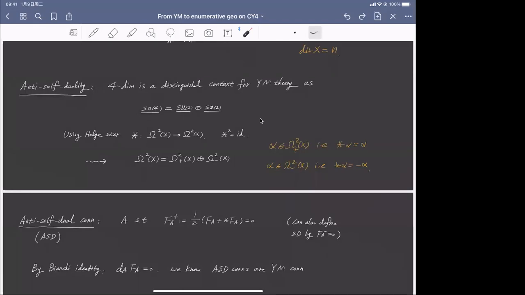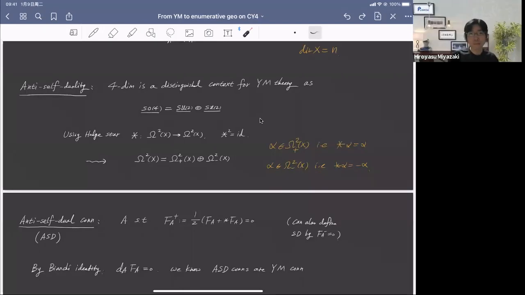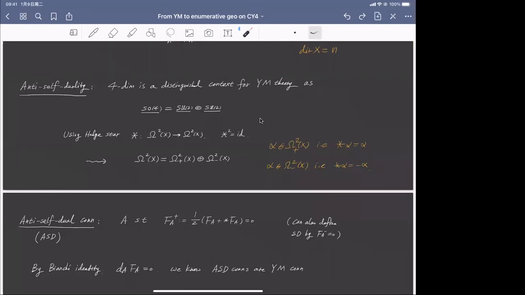And another thing: what is the grand goal of this entire theory? Yeah, that's also a very good question.